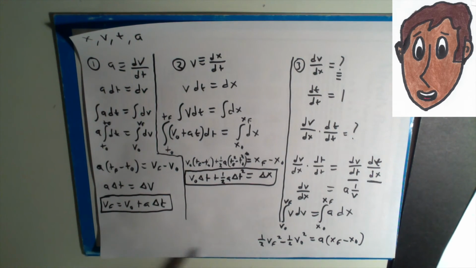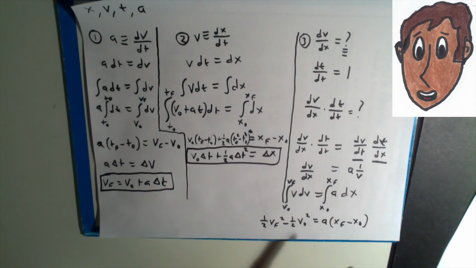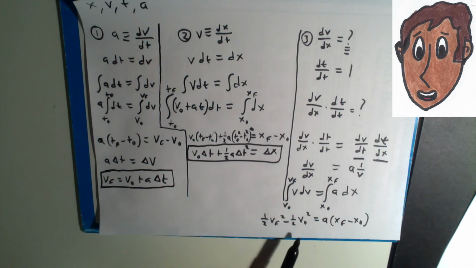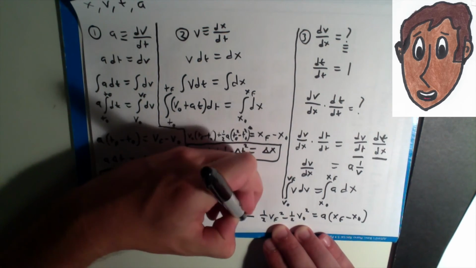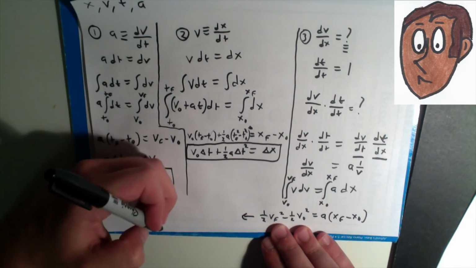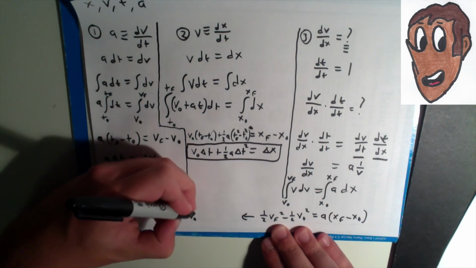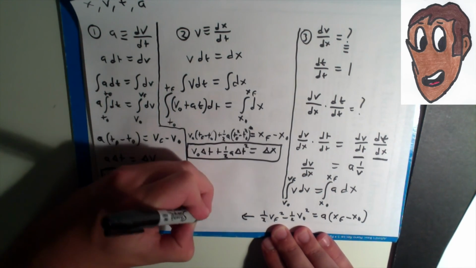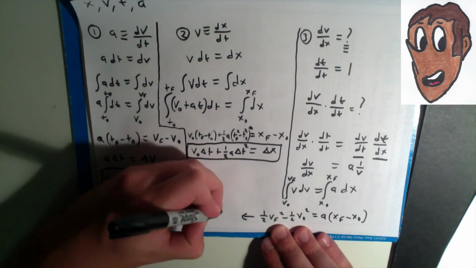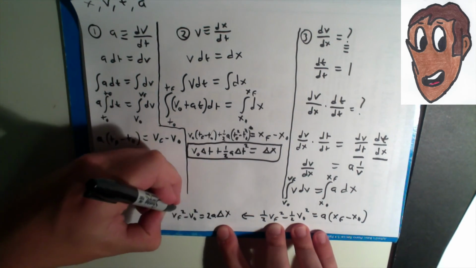Now I can simplify this a bit. I'll multiply both sides by 2 to get rid of the 1/2, and I will make x final minus x naught just a delta x. So let's go over here. So our final answer is going to be v final squared minus v initial squared equals 2 times a delta x.